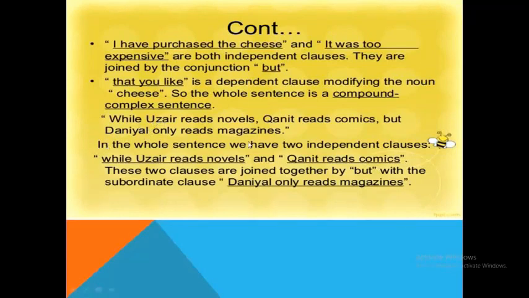In the whole sentence we have two independent clauses. Again, the same thing that I have told you: "While Uzair reads novels" and "Kenneth reads comics", these two clauses are joined together by "but", with the subordinate clause "Daniel only reads magazines", and these three clauses make a compound complex sentence.